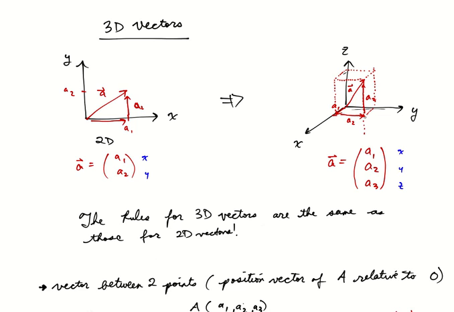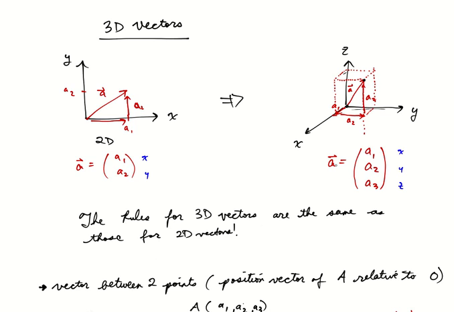And then our third number down here represents the direction that it would go in the z direction. Okay, and then that would be my final destination point. So I would draw a line from my origin to the destination point, and that then would be my vector.